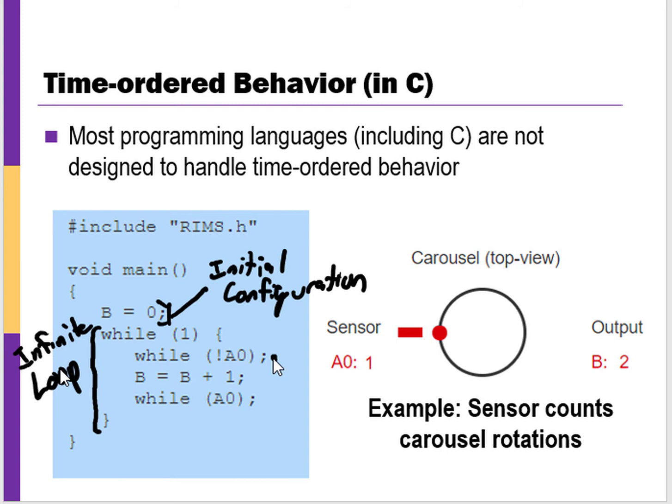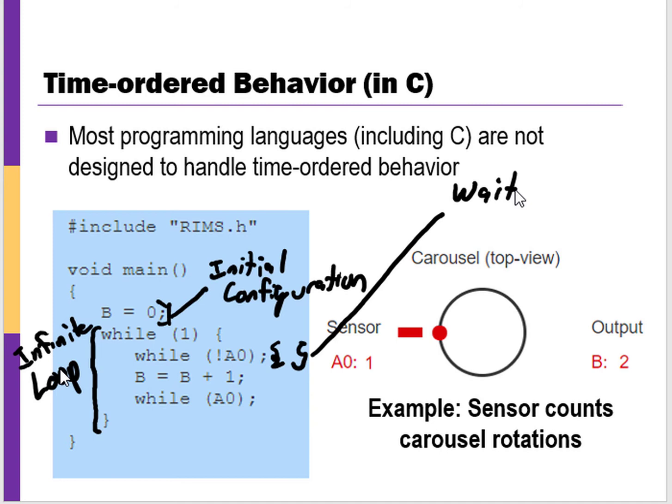When you have the semicolon there, that's equivalent to having a while loop that does nothing in the body, like open bracket, closing bracket. What that's doing is basically saying wait, continue to wait. It's just going to loop and loop and loop.